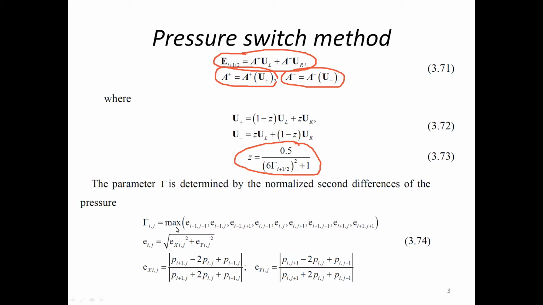You see that gamma is the maximum value of E at different points, E i minus 1, j minus 1, and so on, where E i j is given by the square root of 2e to the second power.